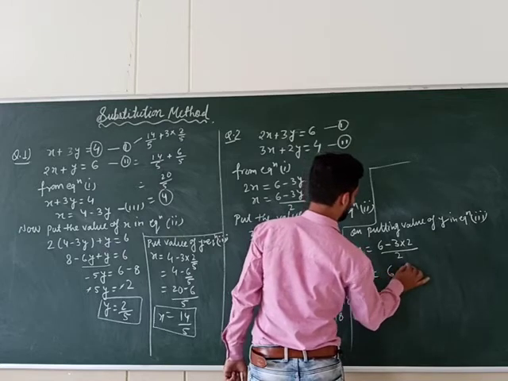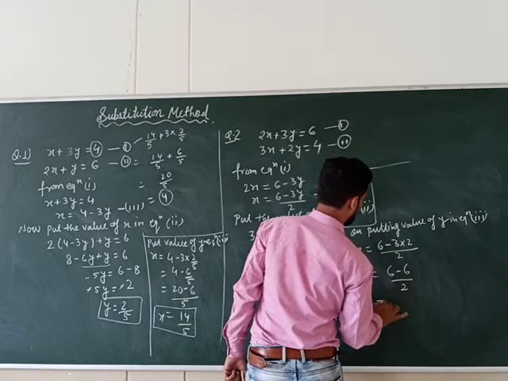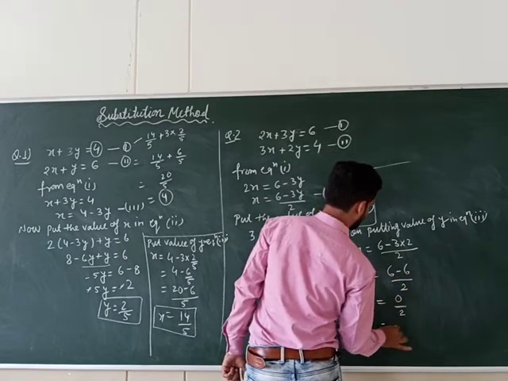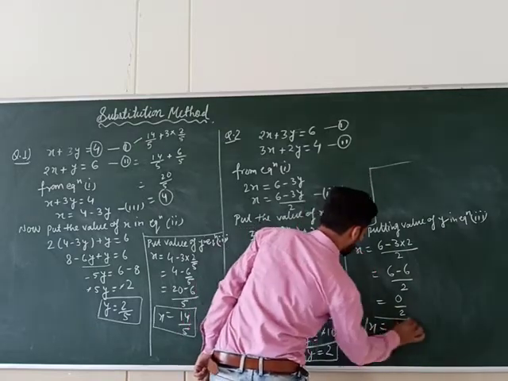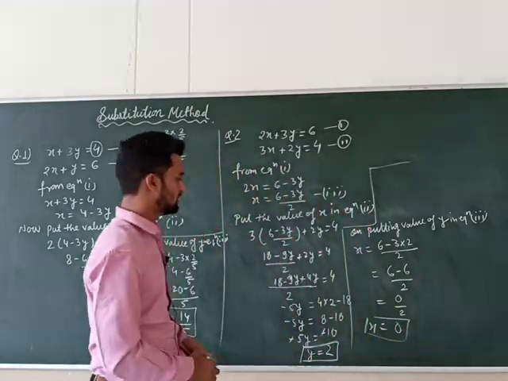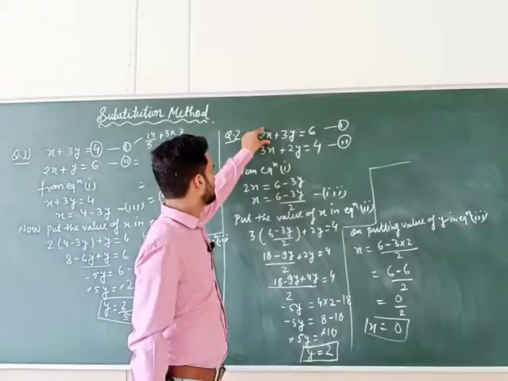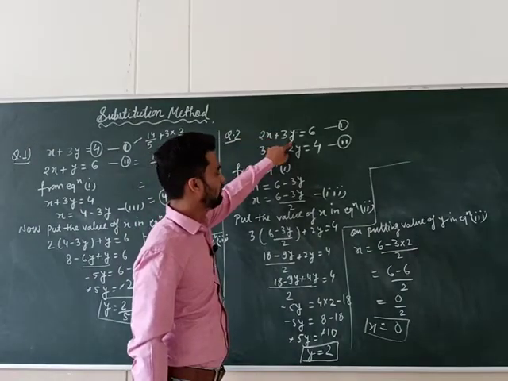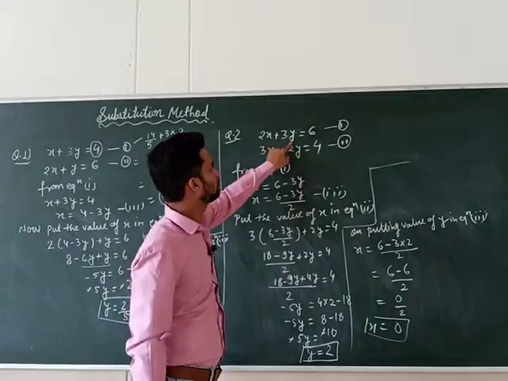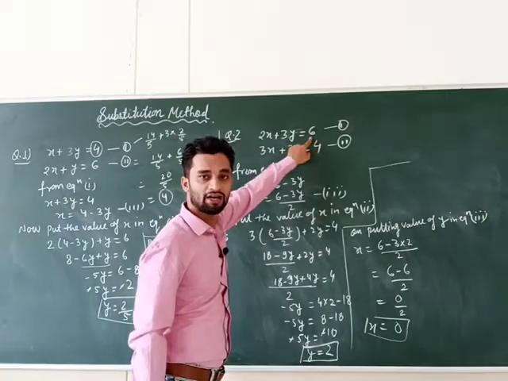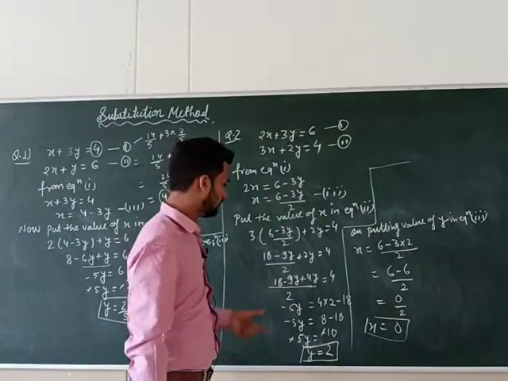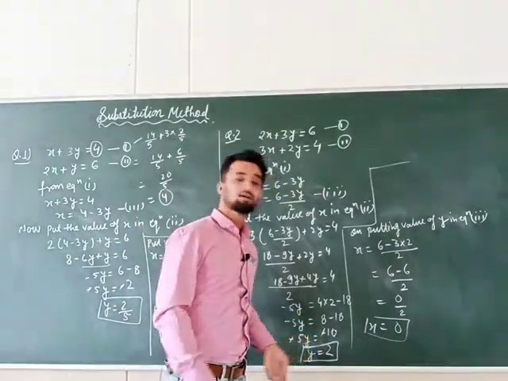This will be 6 minus 6 by 2, that is equal to 0 by 2, or you can say x equal to 0. If you again want to check your answer, see the value of x is 0, this term will simply disappear, and 3 and the value of y is what? 2. So 3 into 2 is 6, that is equal to RHS. It means your value of x and y has come correctly.